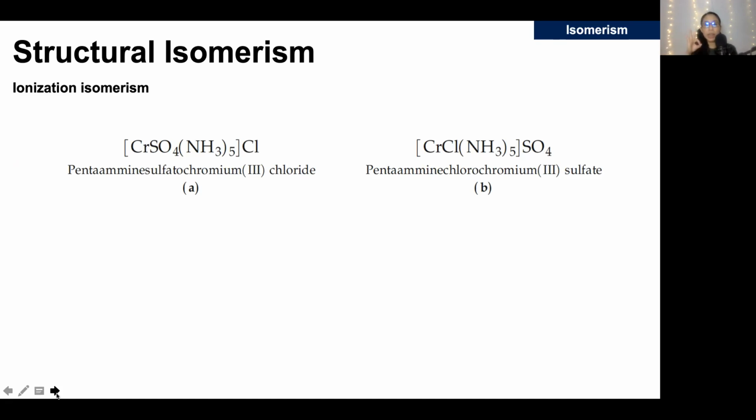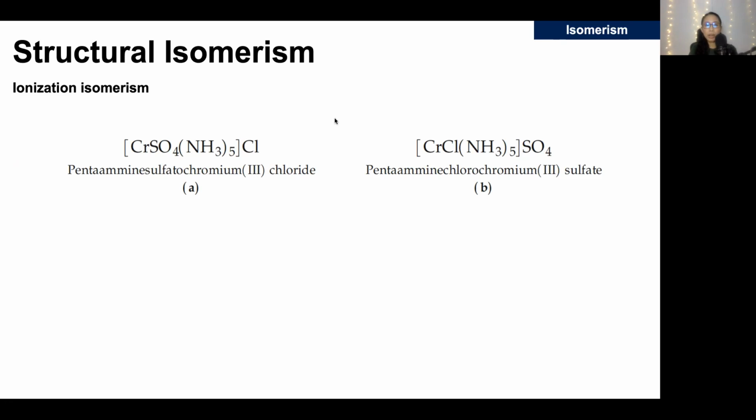There are three subtypes of structural isomerism. First is ionization isomerism. For us to understand what ionization isomerism is, we see here an example. What do you observe?